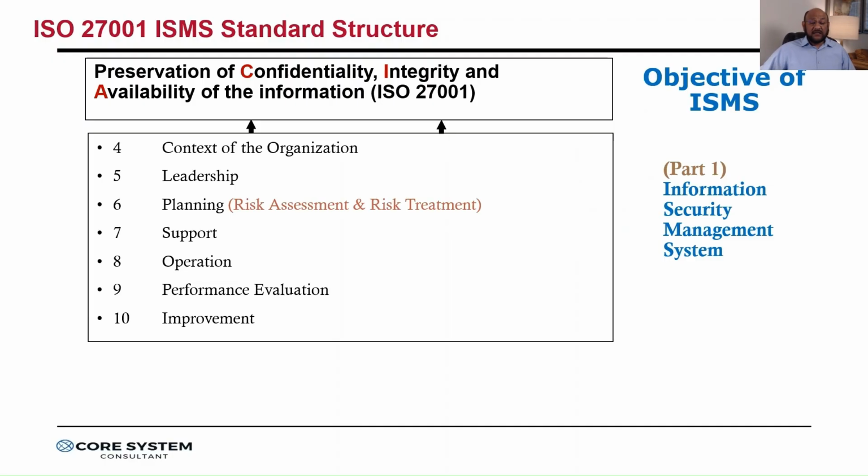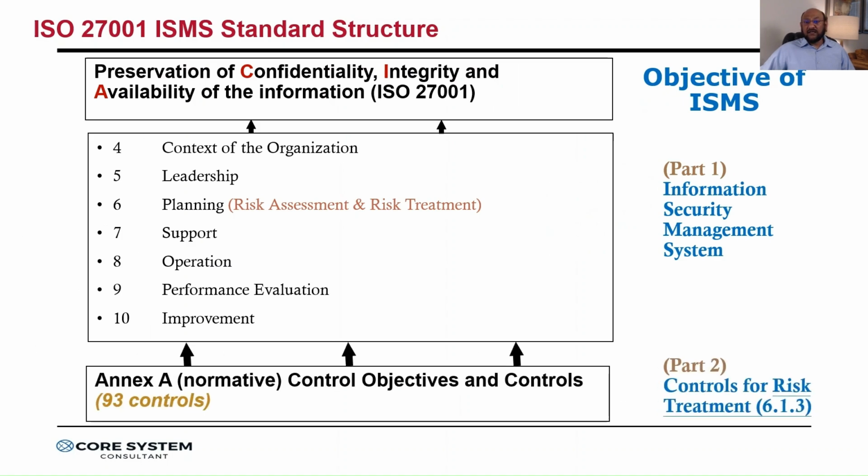And within that, there's a clause, which is the sixth clause, which requires you to do the risk assessment. And as a result of the risk assessment, when you are treating those high risk areas, then you need to consult the 93 controls, which are the best security practices, which are defined all in Annex A, which is going to be the main focus for my today's video.